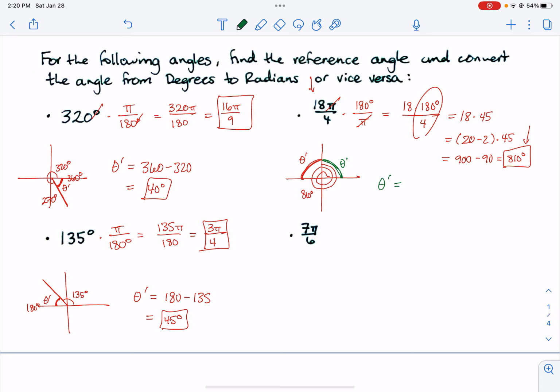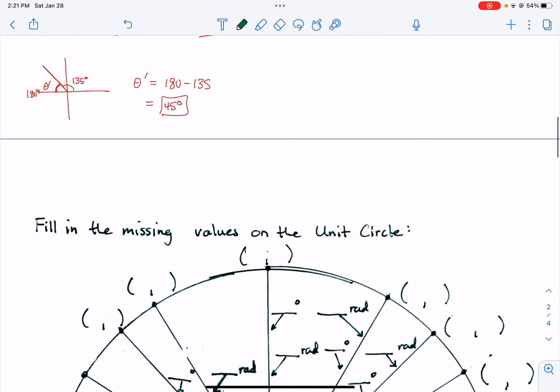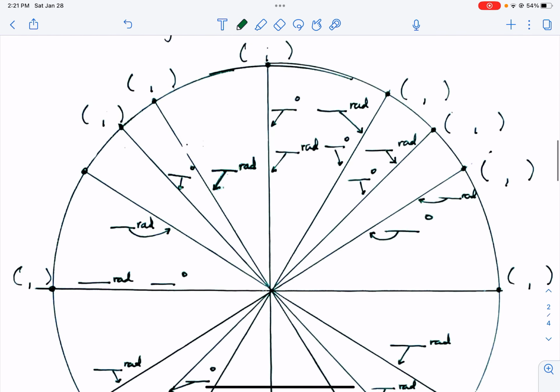So the reference angle is going to be a right angle. In radians, that's going to be pi over 2. We want our reference angle to be the same type of angle as the one that we started with. And I'll go ahead and leave that fourth one for you to try out if you haven't already tried one yet.